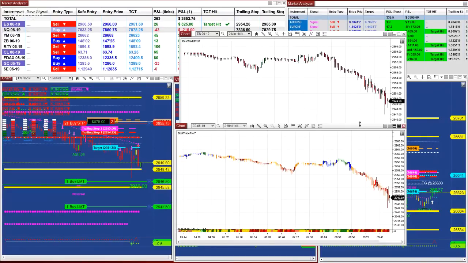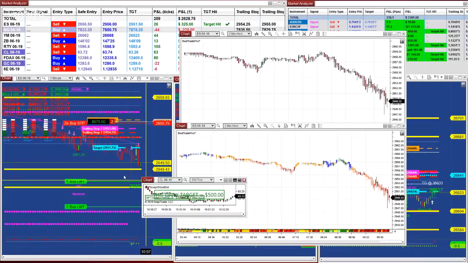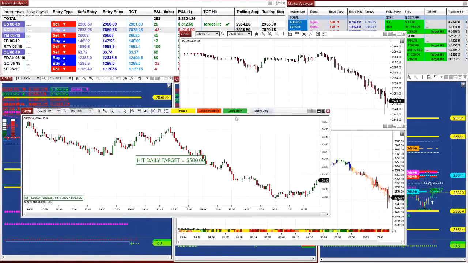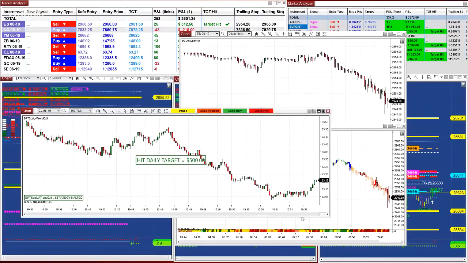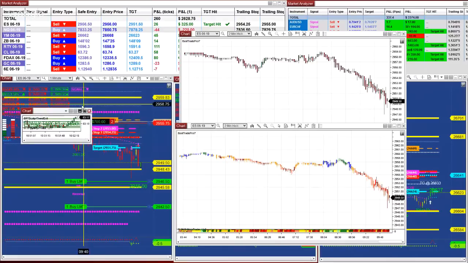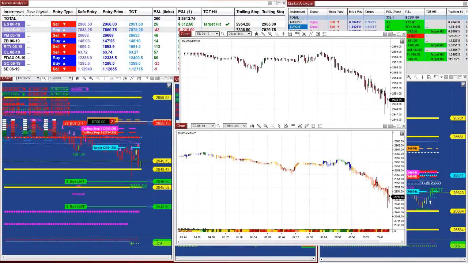And I said once we are done, I will add the buttons like this one here. Once we make sure everything is nice and smooth, we can add the buttons long only, short only, if you want to. But right now in this condition, I don't want the auto trade to take short. I want it to take long only, as an example.